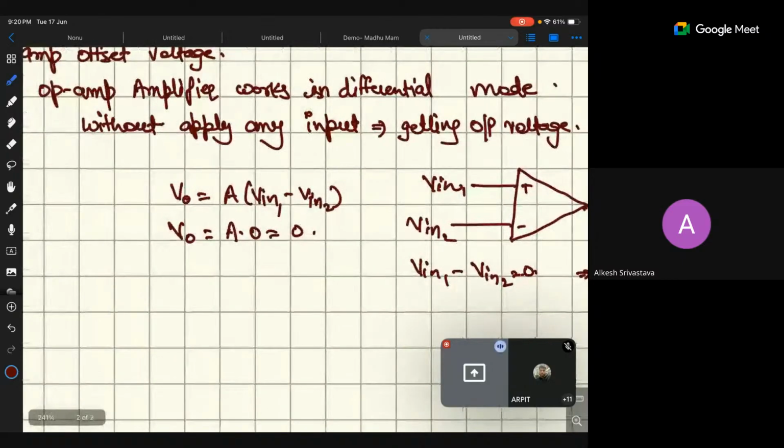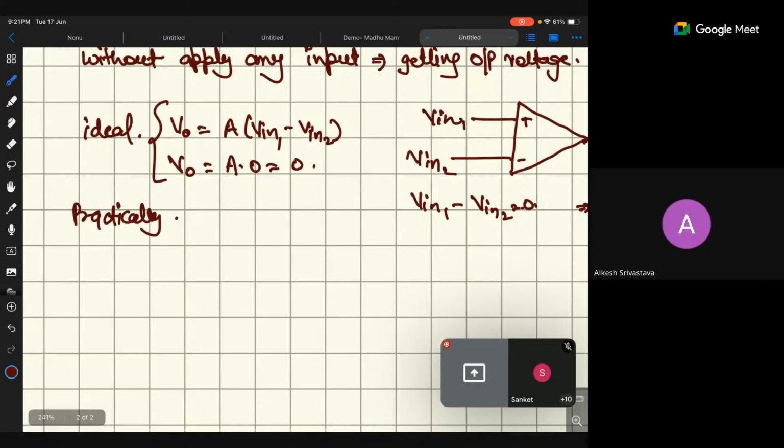But this is the ideal case. Practically, what happens? V naught is not equal to 0 because of some error voltage.